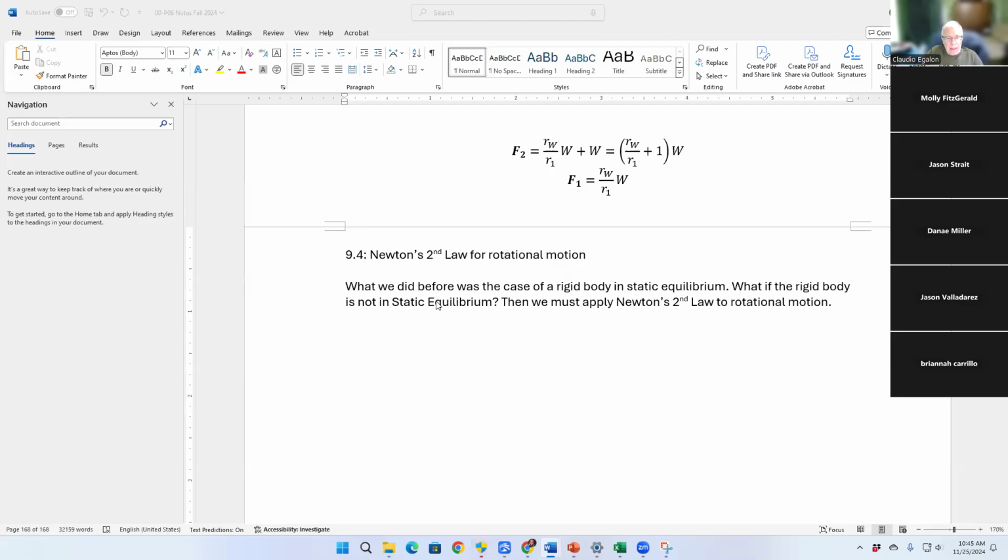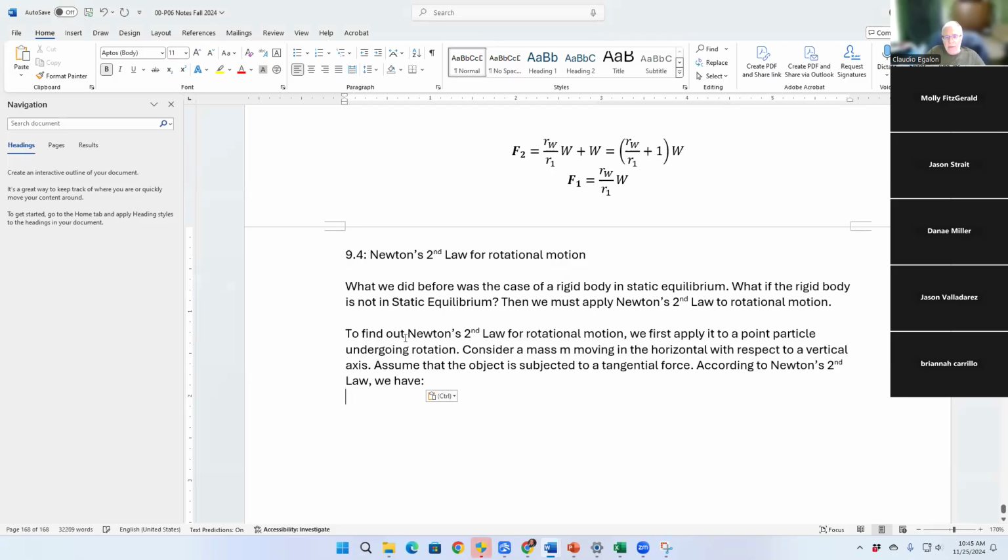And how does the second law apply to rotational motion? To find out Newton's second law of rotational motion, we first apply it to a point particle undergoing rotation. We have this rigid body that's made up of several point particles. But first, let's consider just one mass moving in the horizontal plane with respect to the vertical axis.